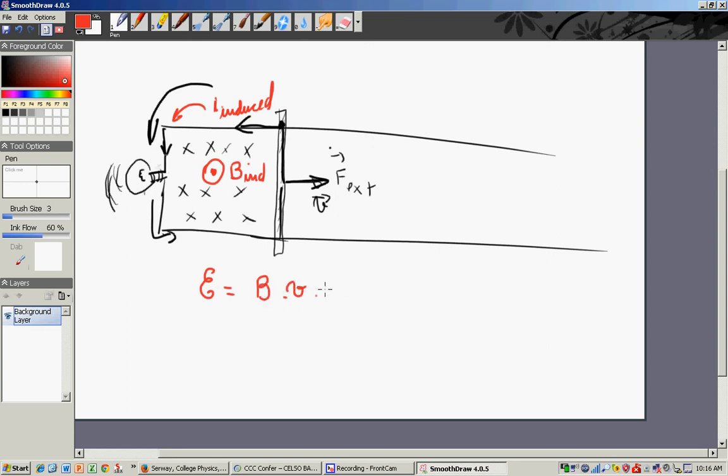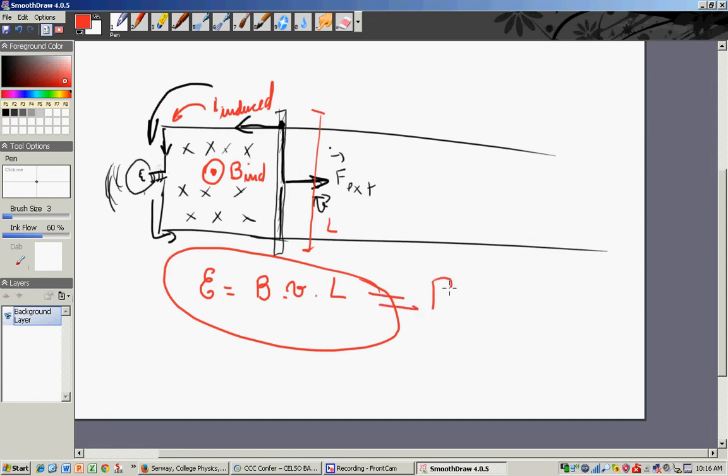So in reality, this is a slide wire generator. The electromotive force generated is equal to the magnetic field times the velocity at which the bar moves times the length of the bar. Okay, that's it.